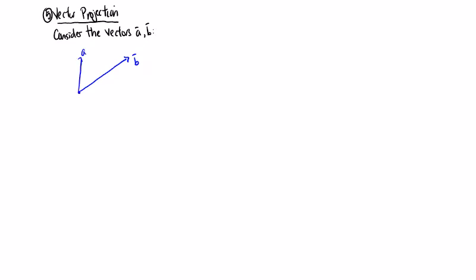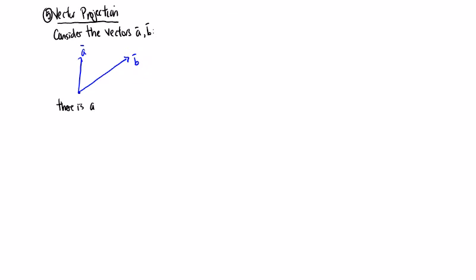This is A. If you think of these, for example, as forces, you might ask yourself, well, A is not parallel to B, it's not perpendicular, but there's a part of A that goes in B's direction.